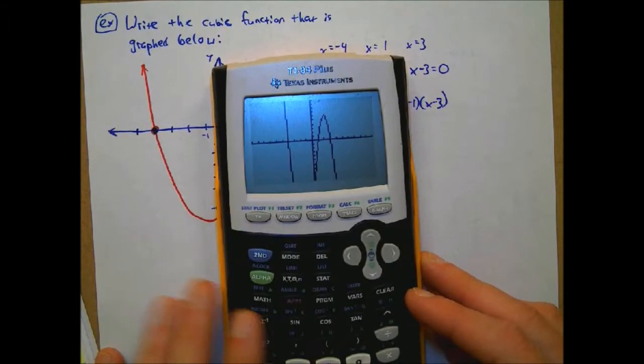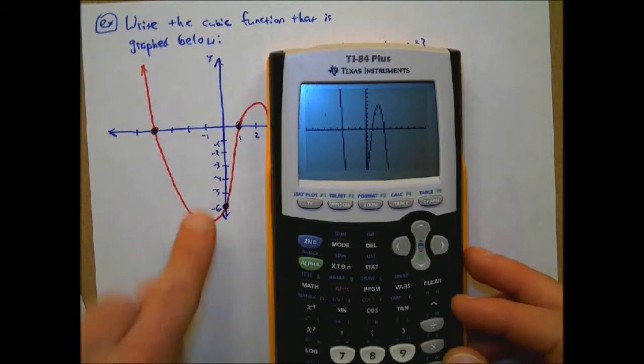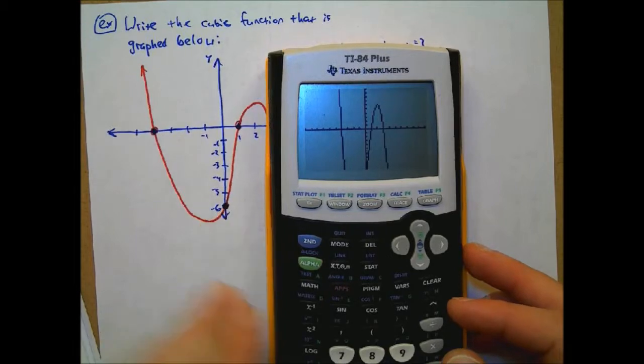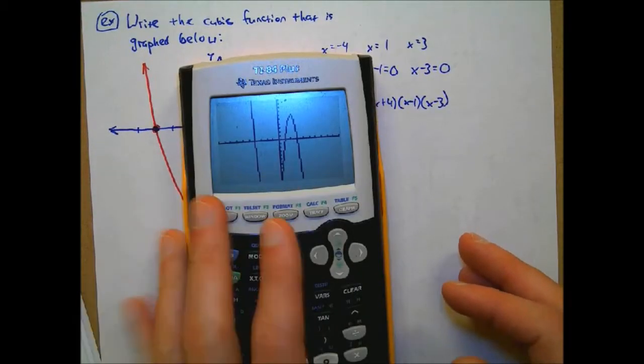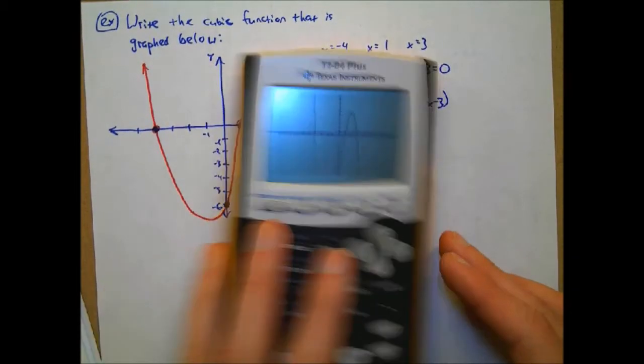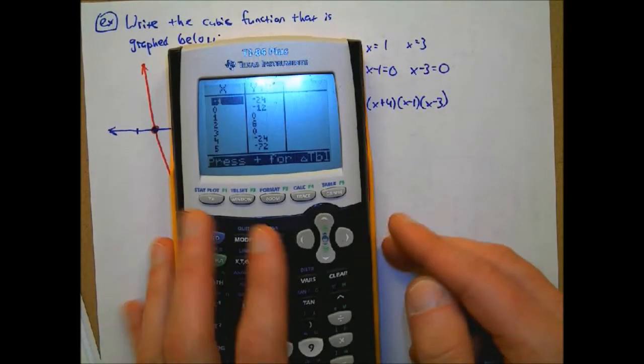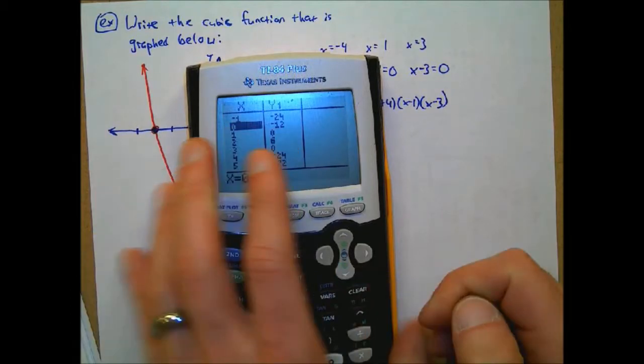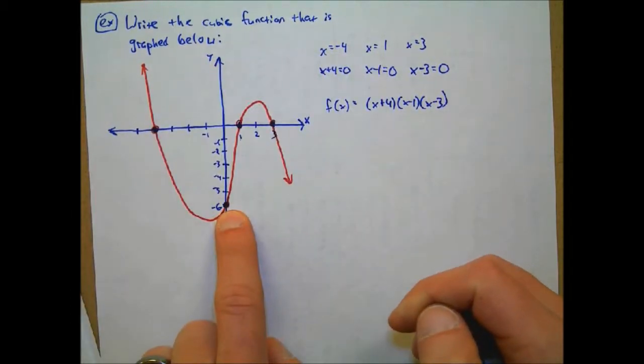But we also have one other point that we're given. I very purposefully put negative 6 as my y-intercept. Let's see what the y-intercept is according to my table. According to my table, my y-intercept is negative 12, but on my graph I need my y-intercept to be negative 6.